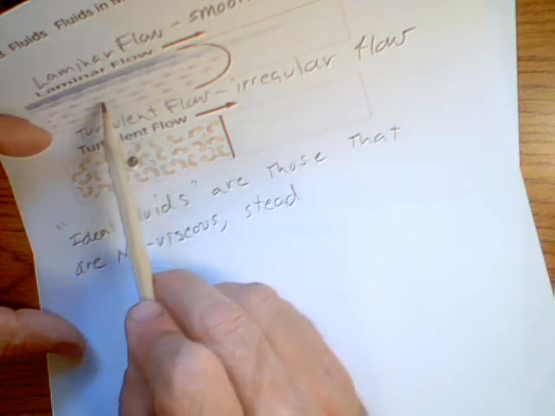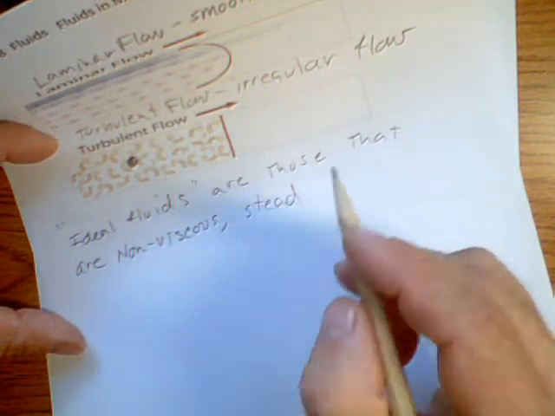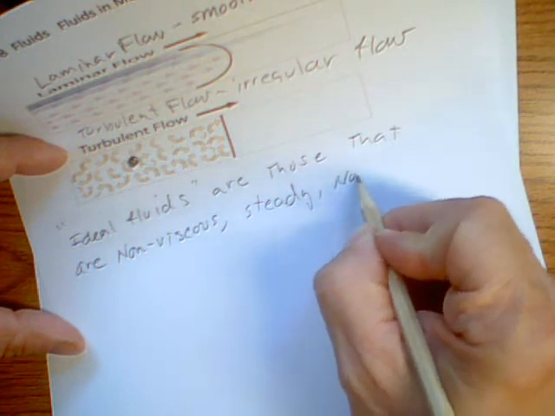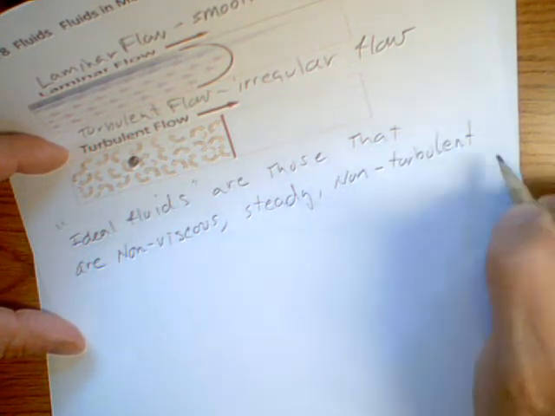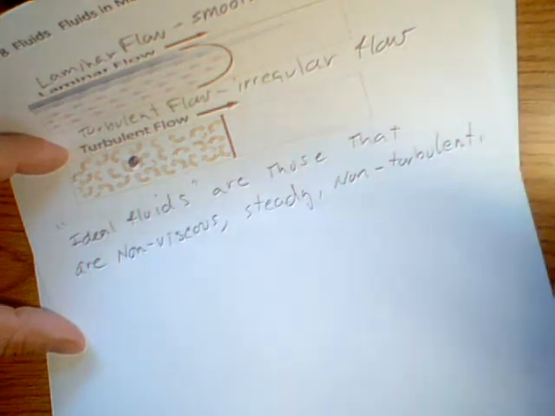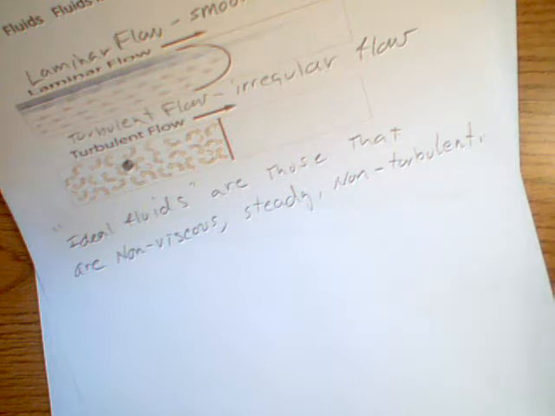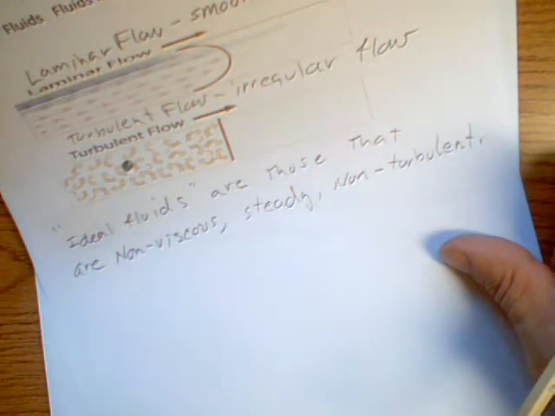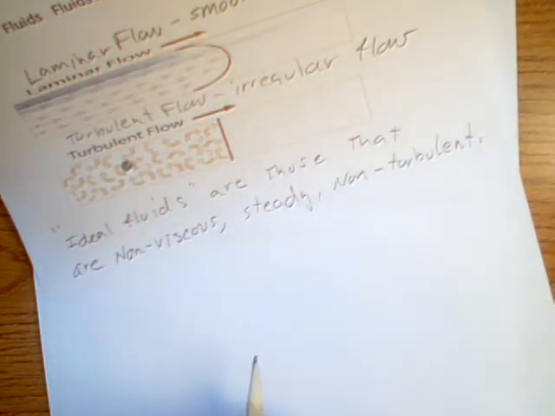The heart would result in pulsating blood flow. It's consistent blood flow, steady blood flow, and it's non-turbulent, and probably best to describe that as laminar. So we're going to be assuming that we're dealing with ideal fluids, all right? Those are the characteristics of ideal fluids.